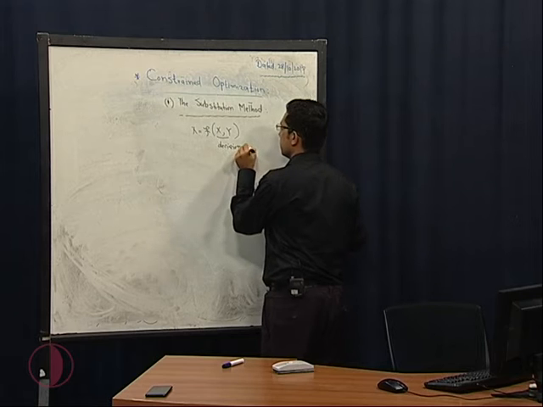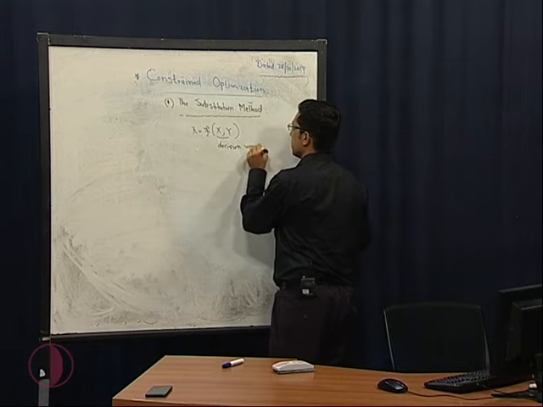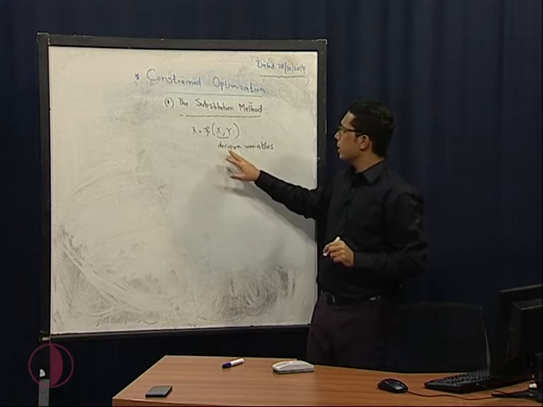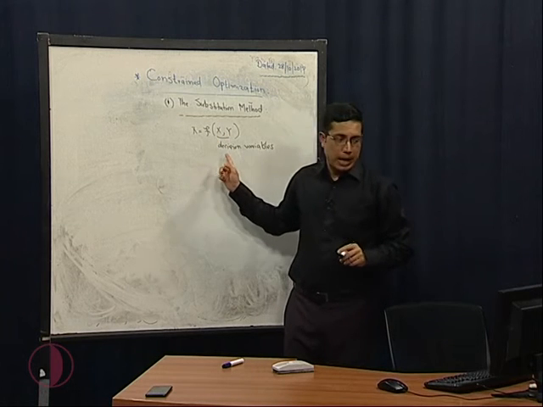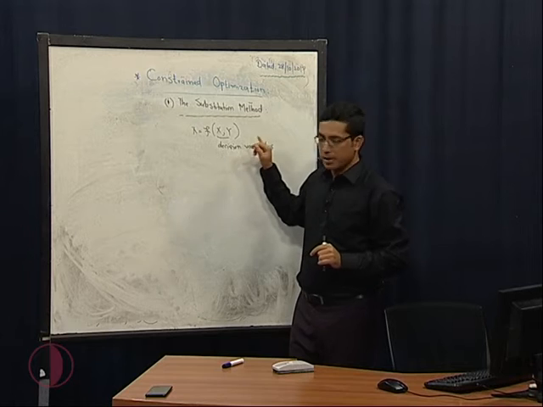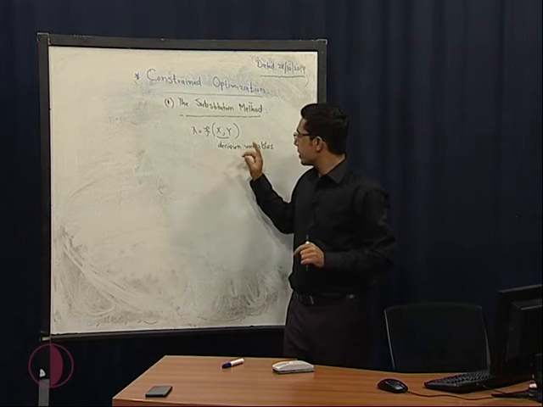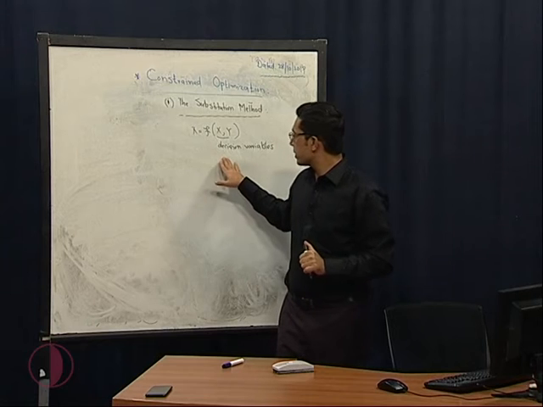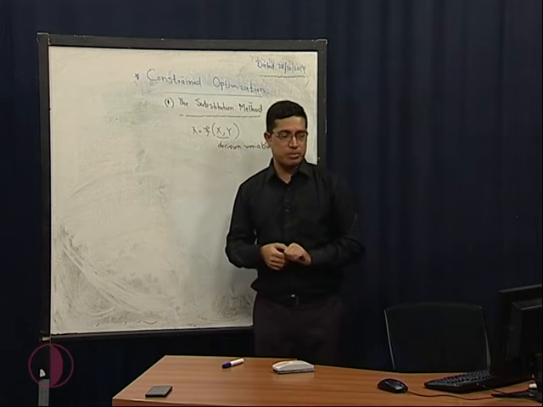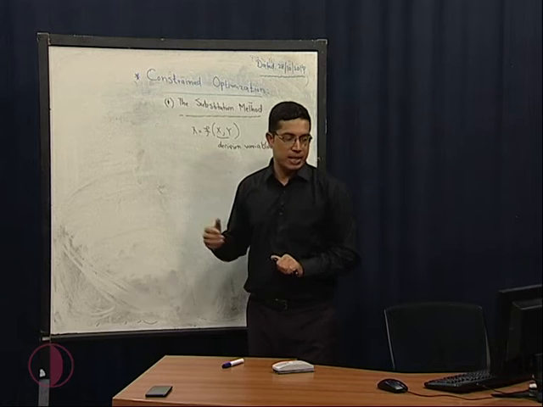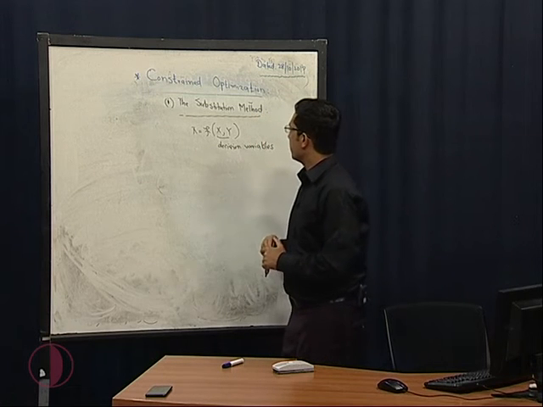So, a constraint optimization problem may be solved by first solving the constraint equation for one of the decision variables, and then substituting the expression for this variable into the objective function that the firm seeks to maximize or minimize.